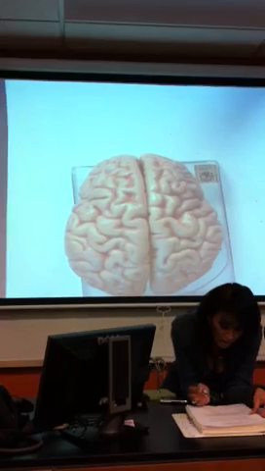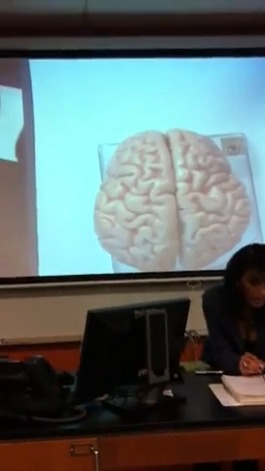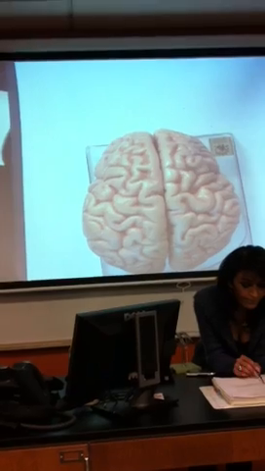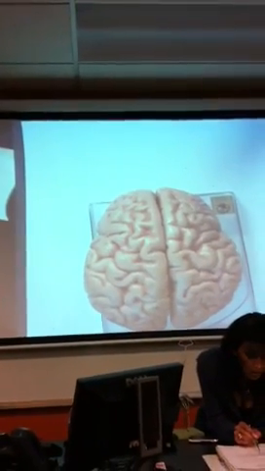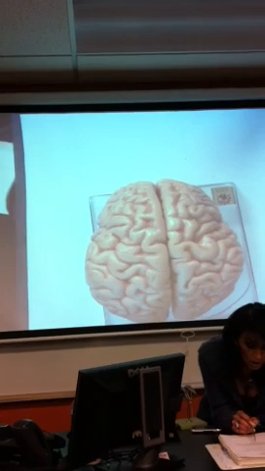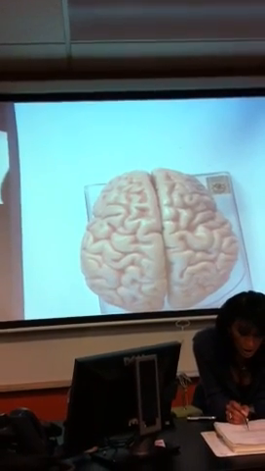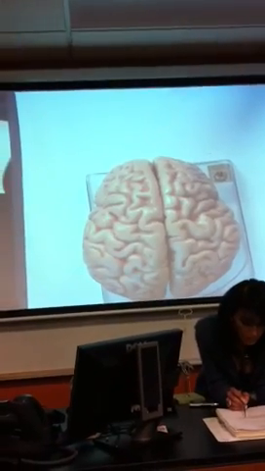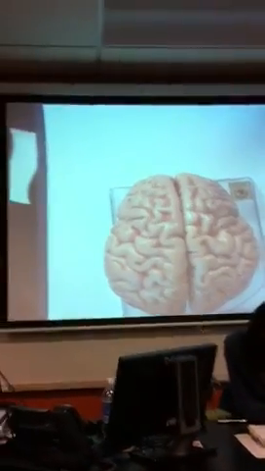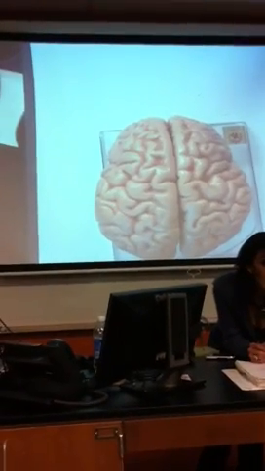Now, on your lab objectives, this is what you don't need to know. You don't need to know the transverse fissure. You don't need to know the lateral fissure. You don't need to know the cerebellar peduncles, even though that's so fun to say.